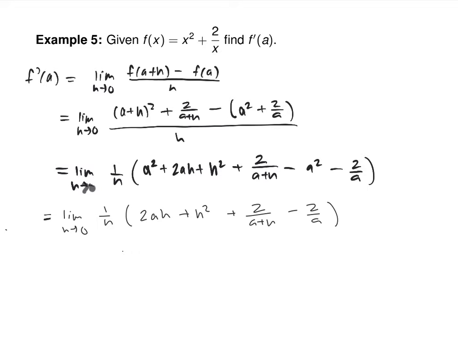So I'm going to distribute the 1 over h, because I think it will be easier. So it's 2a plus h, plus 2 over h times a plus h, minus 2 over a times h. And I'm going to leave some space there because I'm going to get a common denominator. Does it make sense what I did, though?